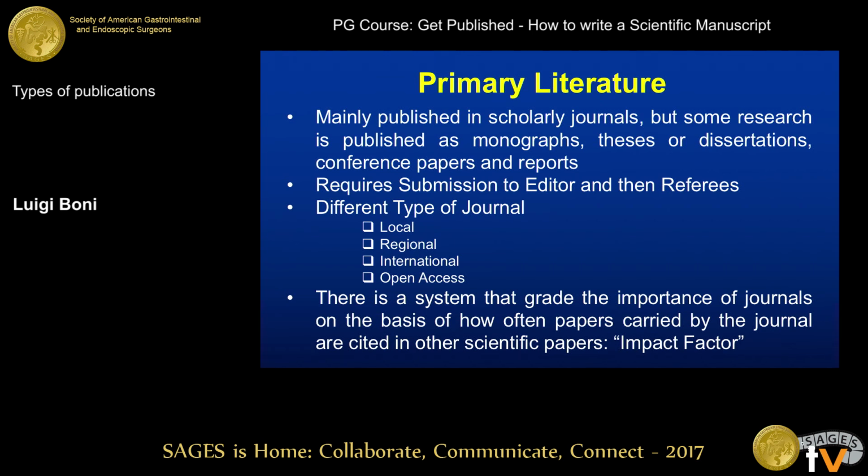There are different kinds of journal that have peer review. You can have a local journal in your mother tongue, for instance. It can be regional, it can be international. And now we also have open access, which is a different category of journal that also has peer review. And as you saw, how do we score the journal with the impact factor? I do not like impact factor at all.